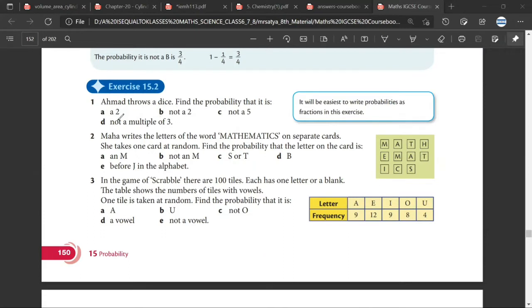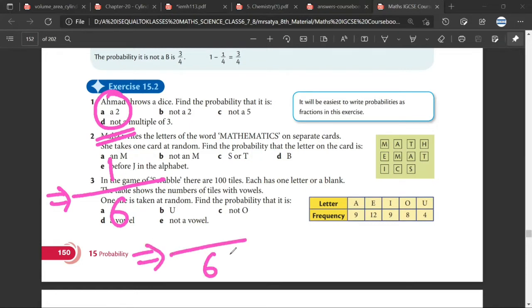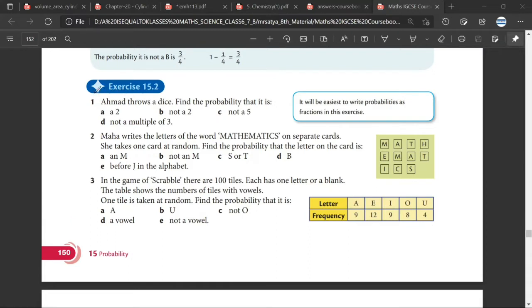For example, when we said what is the probability of getting a 2, number of options are 6. The option of getting a 2 is 1. So when I say that I want a 5, what would be my probability? So 1 minus 1/6. Okay. Now, to avoid confusion, I understand your confusion. Let me do this question first and then I'll come to this.